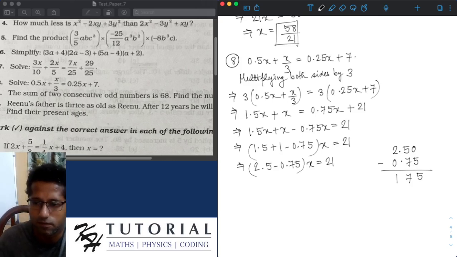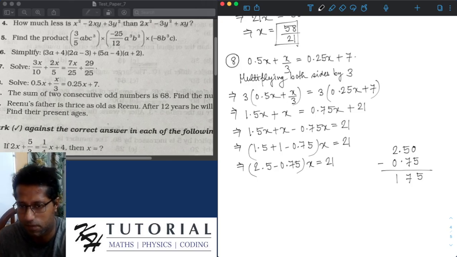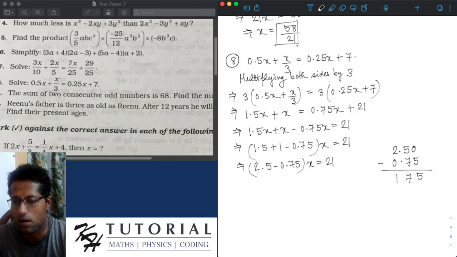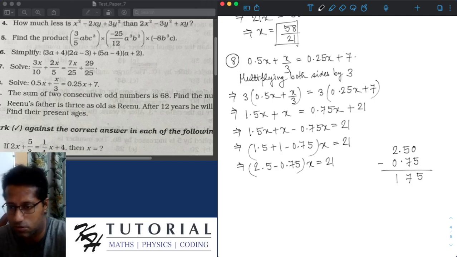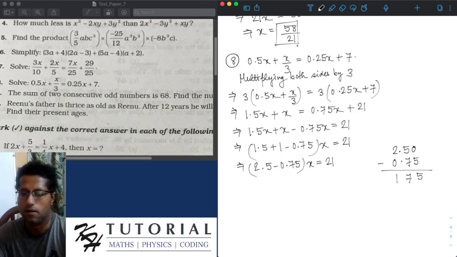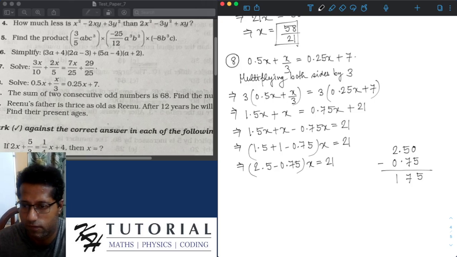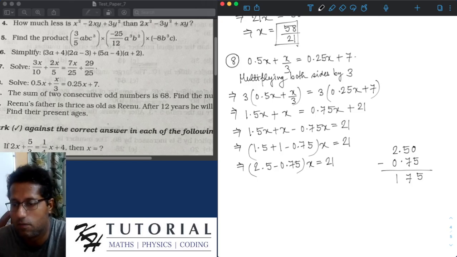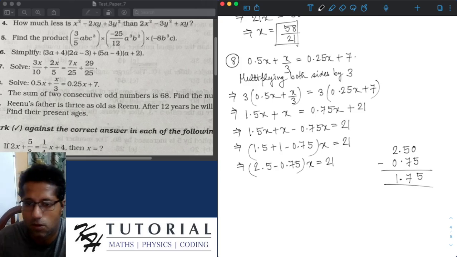We have to put the decimal point so that the decimal places of the result equal the decimal places of the two decimal numbers we are subtracting, which is 2. So we have to put the decimal point in 175 so that the decimal places becomes 2, which means we put the decimal point after 2 digits from the right hand side, so 1.75.